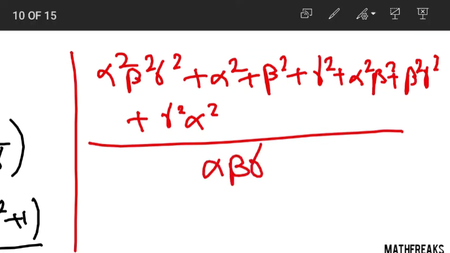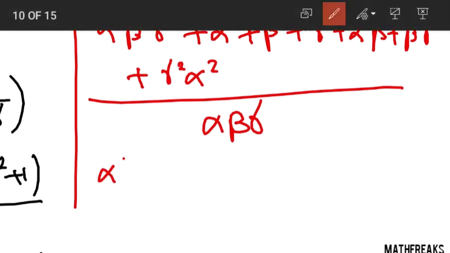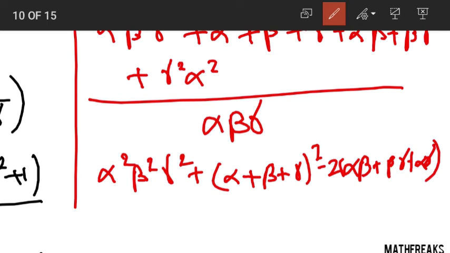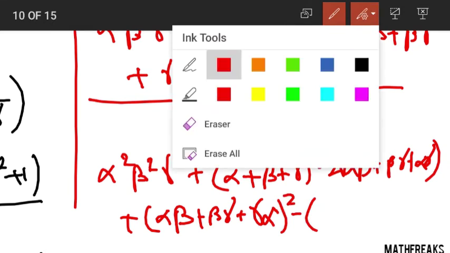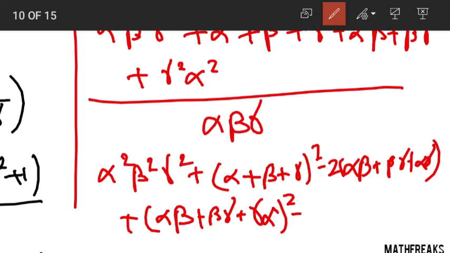Now what can we write next? This would be alpha square plus beta square plus gamma square, as it is, equal to alpha plus beta plus gamma whole square minus 2 times alpha beta plus beta gamma plus alpha gamma, plus alpha beta plus beta gamma plus gamma alpha whole squared minus, now you use some brains and you will find that this is 2 alpha beta gamma.